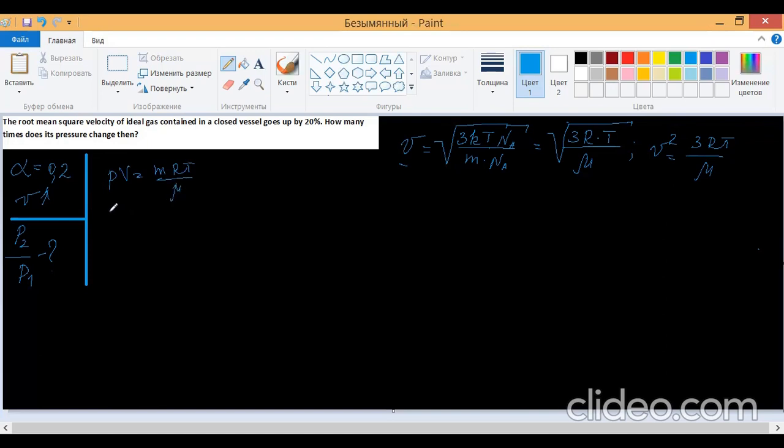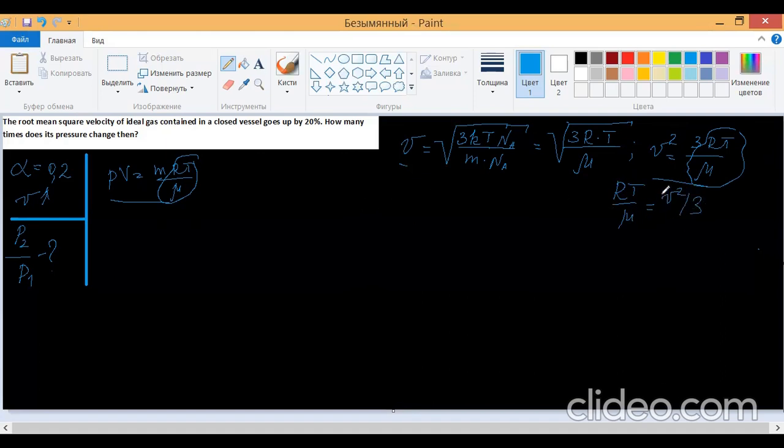If we compare this with this, we can see something similar. For example, this part is contained in this formula too. I guess it's a very good thing for us. So let's express R times T over mu from this formula. So R times T over mu equals v squared over 3, okay?